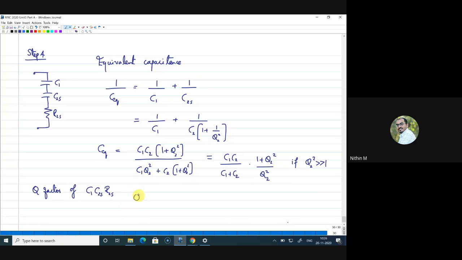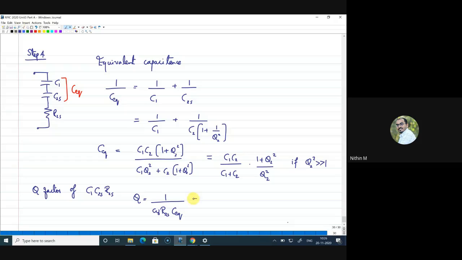So I can write the Q factor of this branch as 1 by omega naught into R2S into C equivalent. Now C1 and C2S in combination are giving you C equivalent. So I can write the Q factor as 1 by omega naught into R2S into C equivalent. Now this can be further simplified.